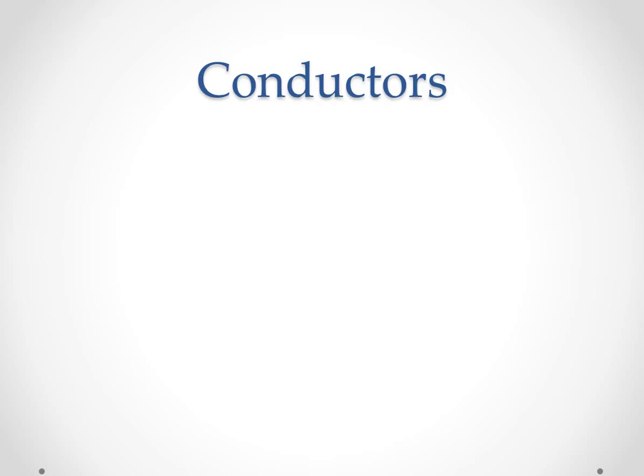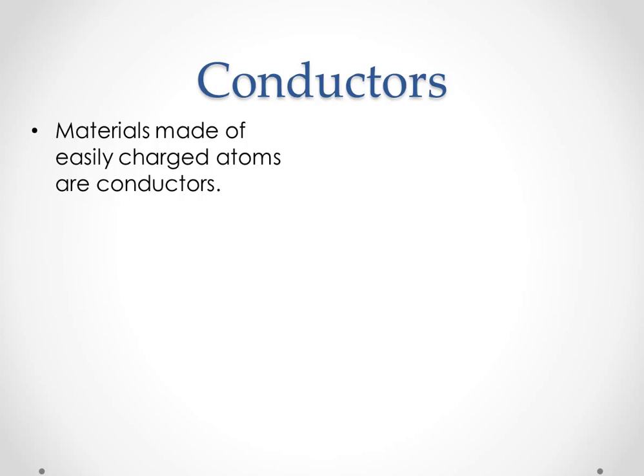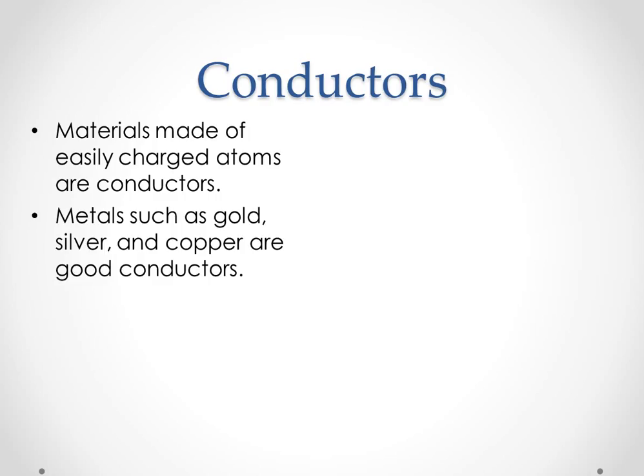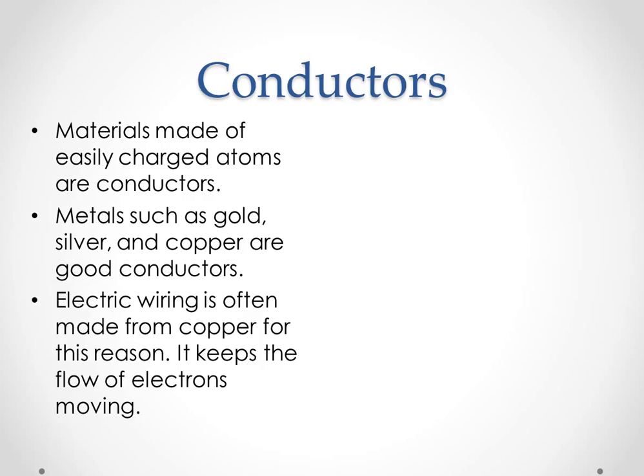Let's talk about conductors. Conductors are materials that are made of easily charged atoms. Metals such as gold, silver, and copper are very good conductors. Most metals are very good conductors.